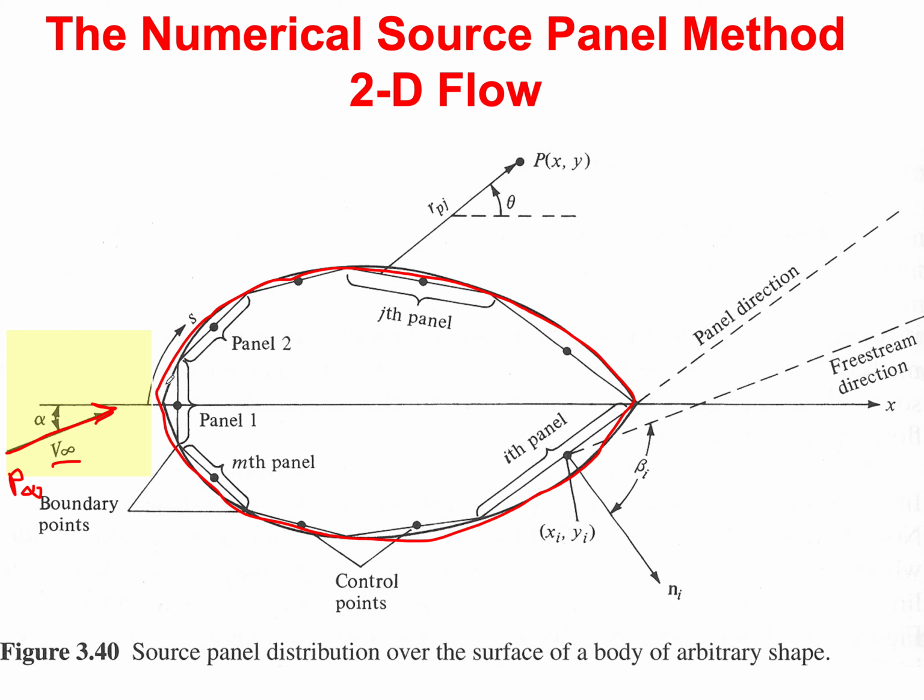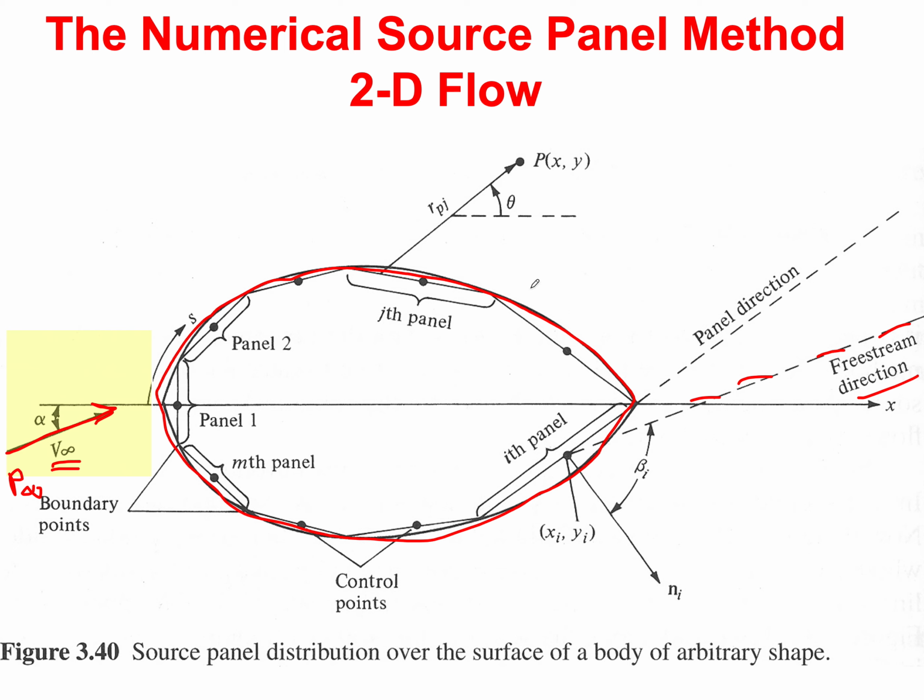The free stream velocity is parallel to this line. So that's the free stream direction, and we want to keep that in mind as we move further on. So I start with the surface with a given geometry, and I'm also given a free stream velocity.